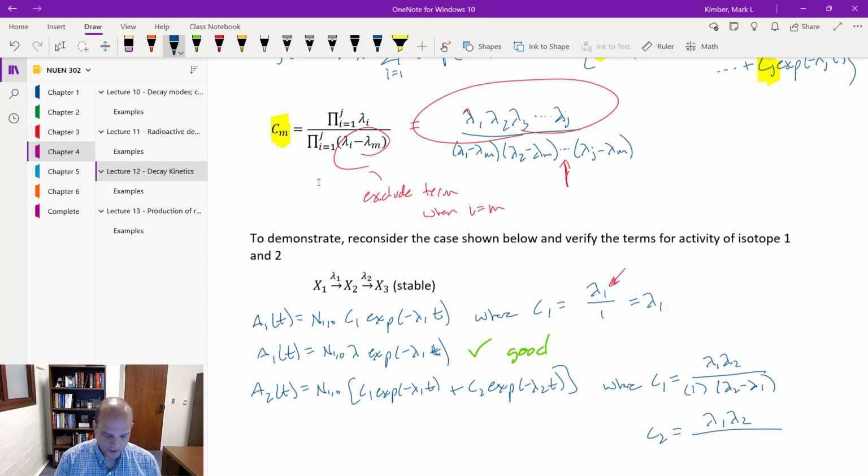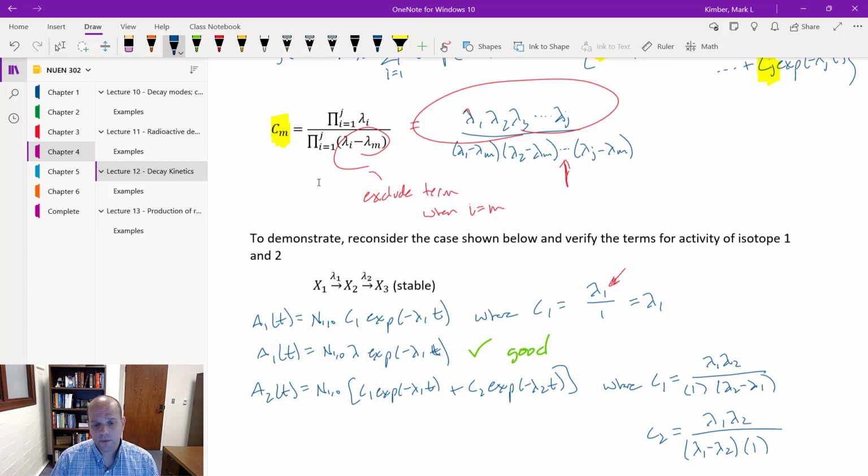For the C2, the m in this case is 2, so it would be lambda 1 minus lambda 2 multiplied by lambda 2 minus lambda 2, which again we replace with a 1. So you can see how, if I compare C1 to C2, the only thing that's different is the denominator, the lambda 1 and lambda 2 switch places, so one is just the negative of the other.